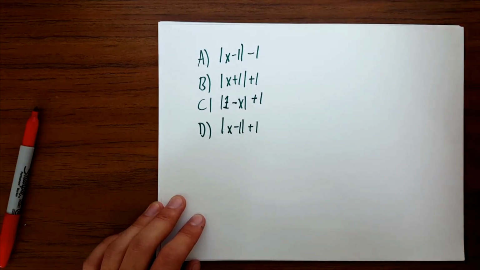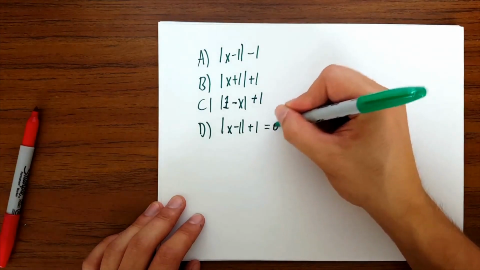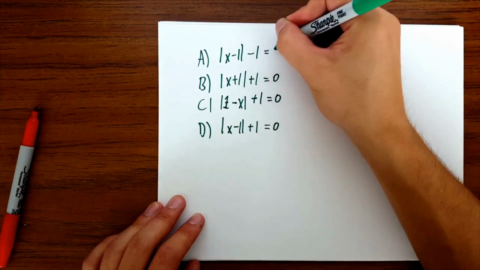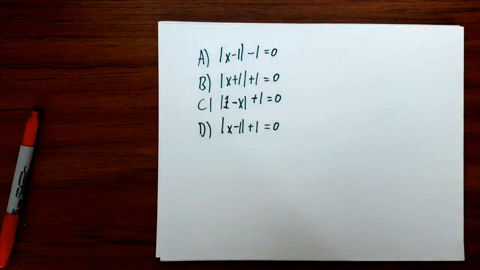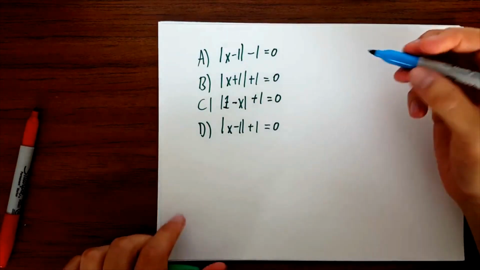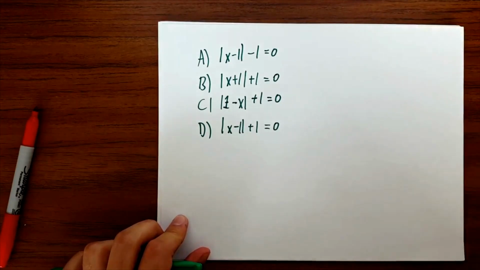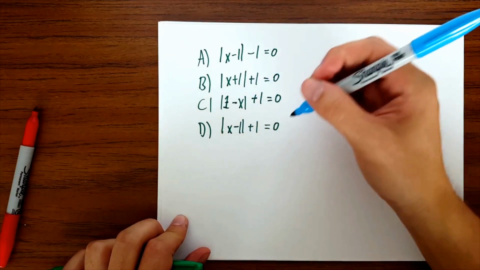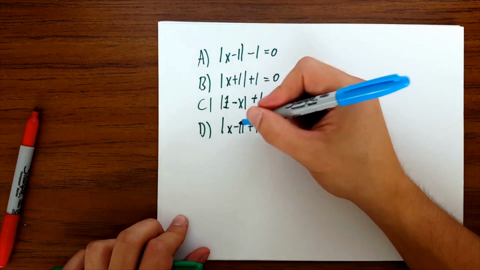And what you want to think of is, is there any case for x where the equation equals 0? The important thing to remember about absolute value is that the quantity inside absolute value is always equal to 0 or positive.